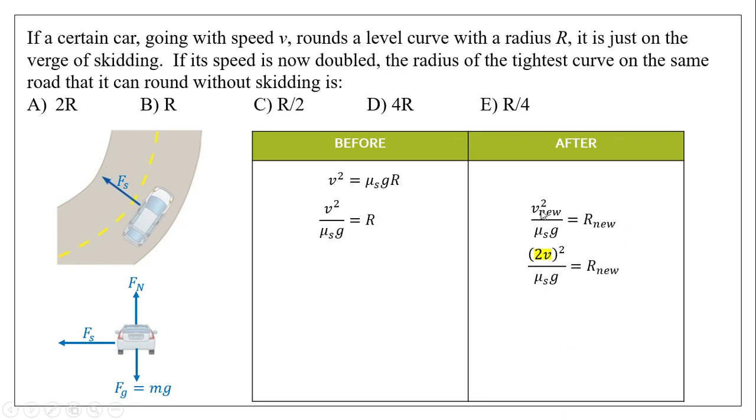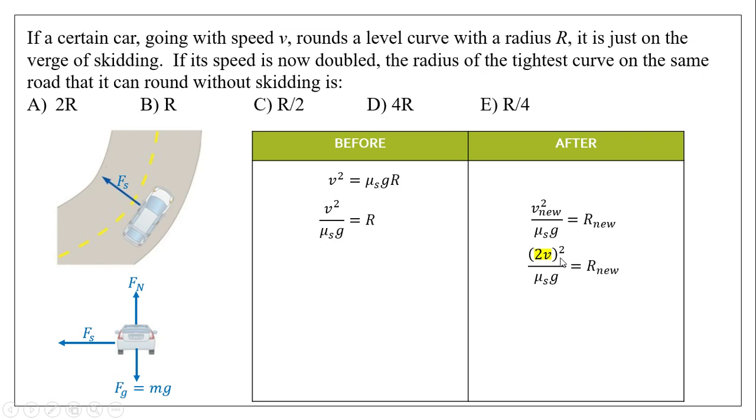But I know what v new is. The problem states that its speed is now double, and doubling would imply that you're multiplying by 2. So here in the parentheses, again, I highly suggest when you substitute, use parentheses. Instead of saying v new, I can say v new is 2 times the original speed, whatever it is, and then I want to square that.